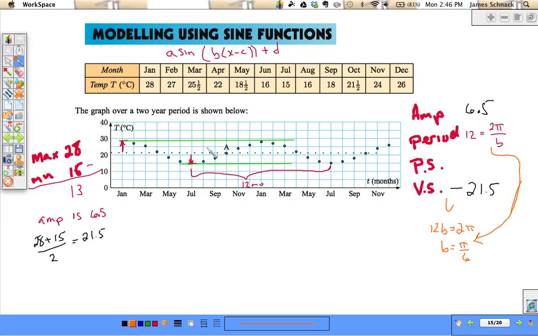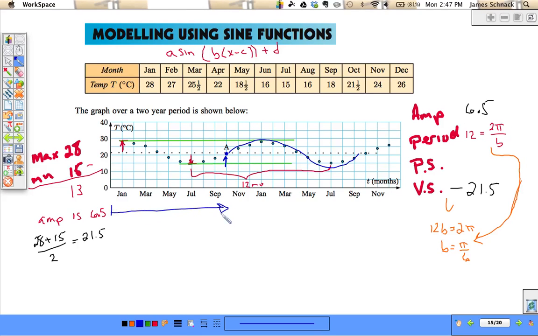Now I have to decide where the sine wave is going to start. There's lots of different ways that we can do this. There's infinitely many correct equations that we can use. I'm going to pick a cycle where it's starting out on the midline and cycling up. That looks right here at A. Right there looks like a good starting point because the wave goes up, down, and back up again.